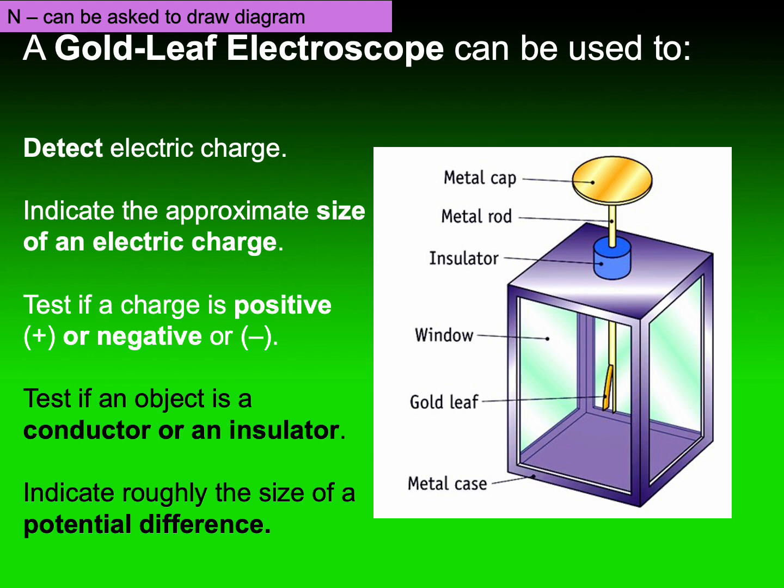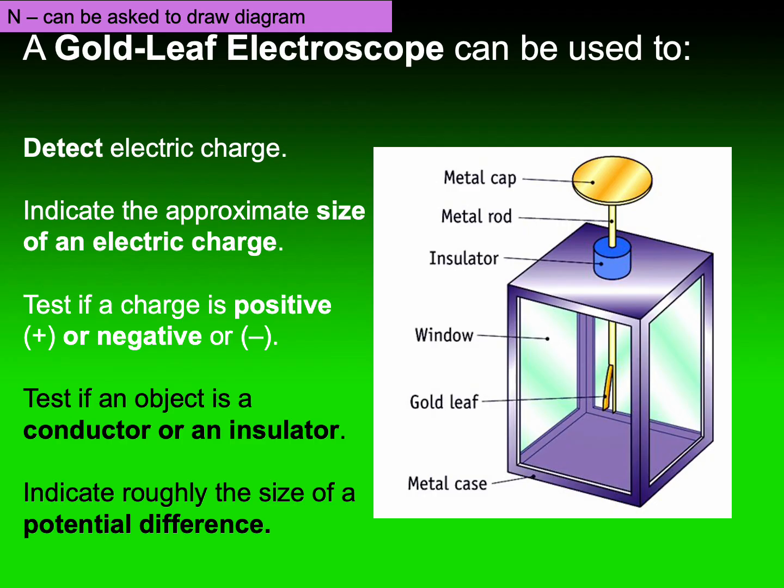Then you have a long metal rod going down to the centre, and you should have a bit of gold foil attached onto that alongside it, a gold leaf. You have a casing then, so it's going to be air, there's going to be glass there surrounding it, and we have a window of glass so we can see what's happening. So this is called a gold leaf electroscope.